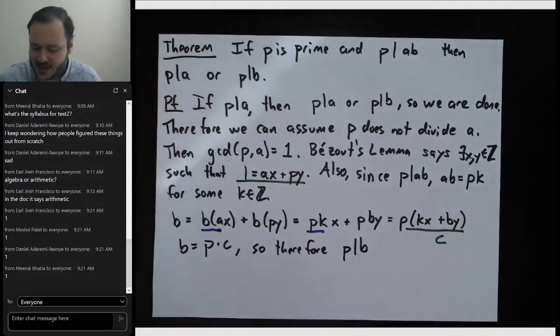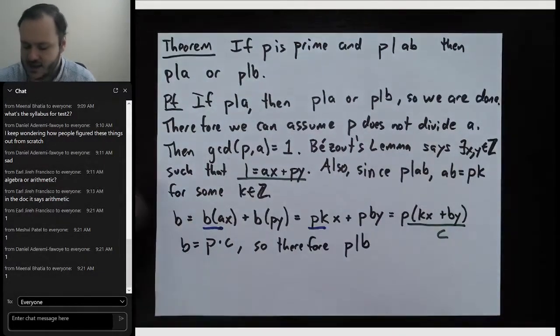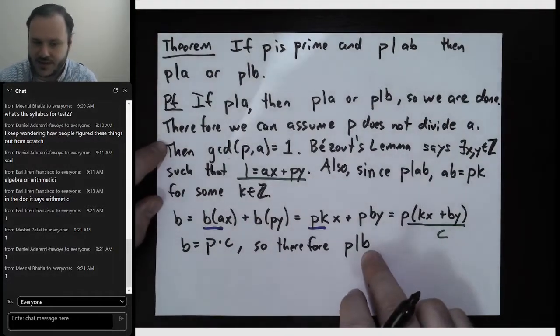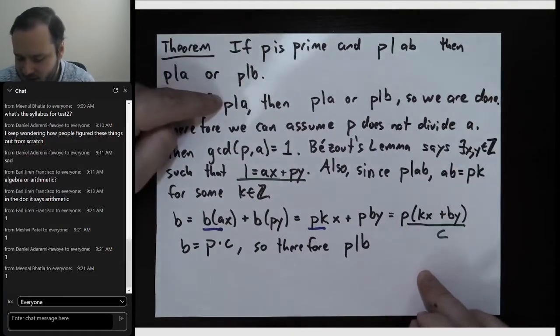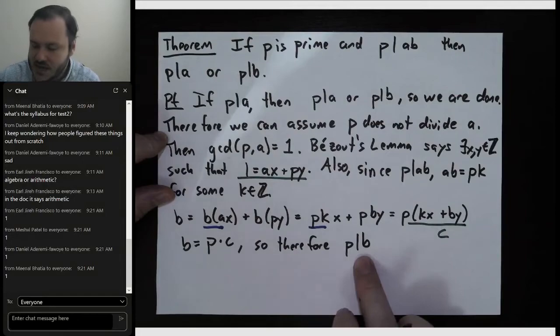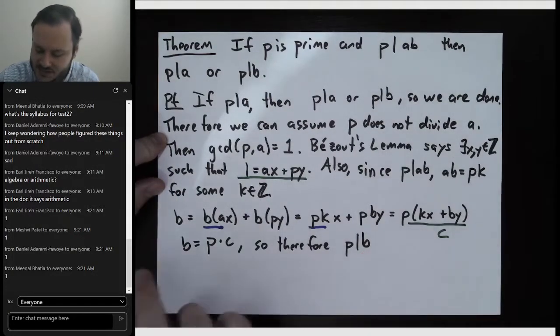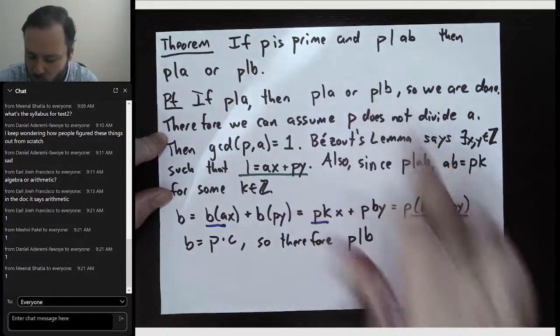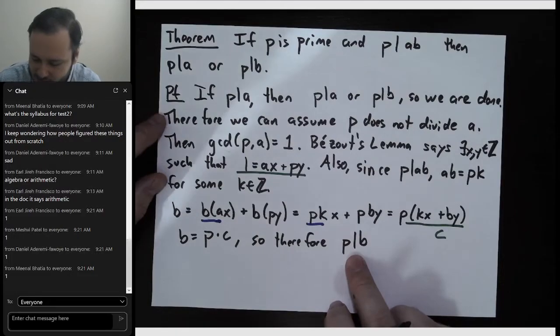If p divides a, I'm done. If p does not divide a, I've concluded that p divides b. So there's two cases. If p divides a, we're good. If p does not divide a, I've just shown p must divide b. And so in this case, we also have p divides a or p divides b, right? Law of disjunctive something, something.